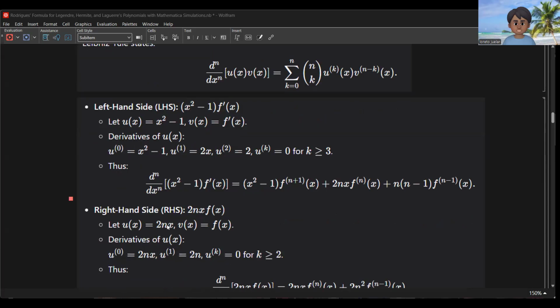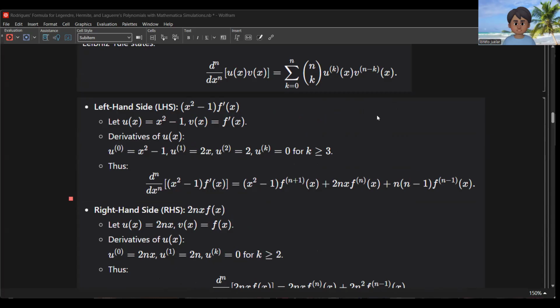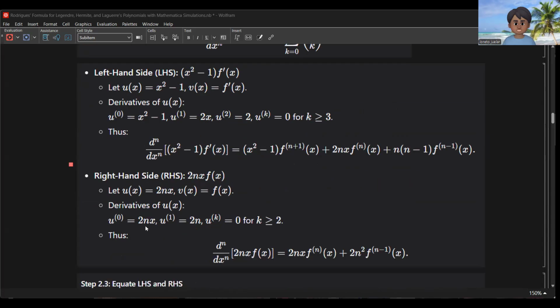Okay, now the right-hand side. This is 2nx times f of x, so u of x is 2nx. The first derivative is equal to 2n, and the k-th derivative is equal to 0 for k greater than or equal to 2.